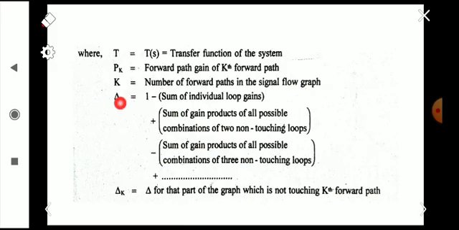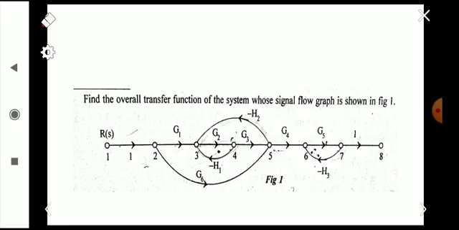And delta is an equation: 1 minus sum of individual loop gains. Loop means the feedback loop; we consider only the feedback loops. Here you can see 3 feedback loops are there. The first loop is G2 into minus H1, so minus G2 H1 is the first loop.